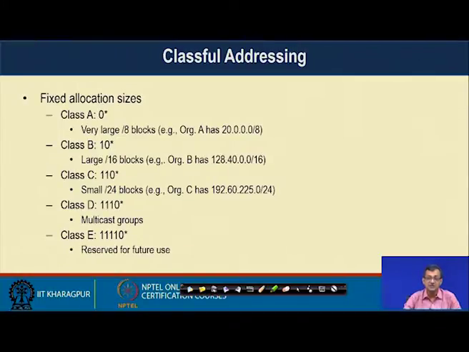These are classful addressing mechanisms. In this case we have a very large block of /8, where the number of networks is less, whereas the number of hosts is much larger. In class B it is /16, so the number of networks is represented by the first 16 bits and the rest are the hosts.